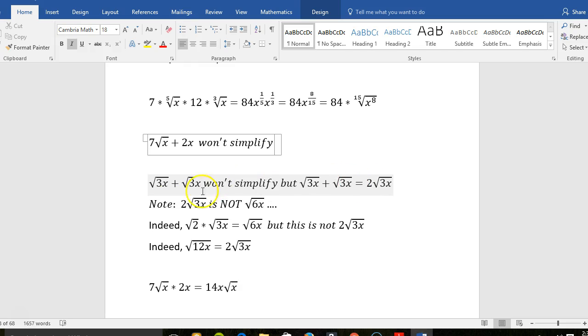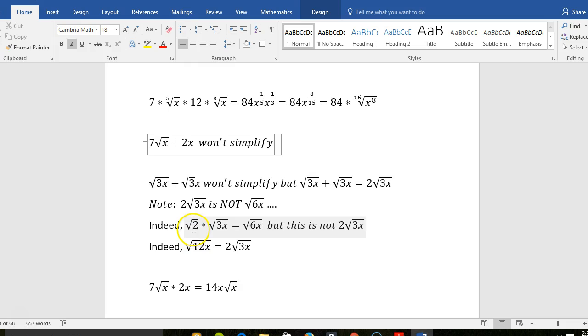Okay. Note that 2 radical 3x is not radical 6x. In fact, if you were to bring this 2 back inside the square root, it would turn into a 4, and you'd get radical 12x, not radical 6x. Now if it was radical 2 times radical 3x like this, then you would get radical 6x, but that's not the same thing as just plain 2 times radical 3x.